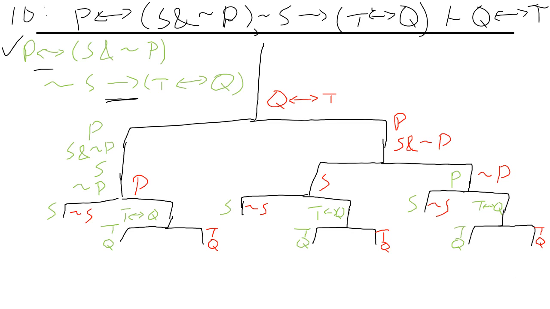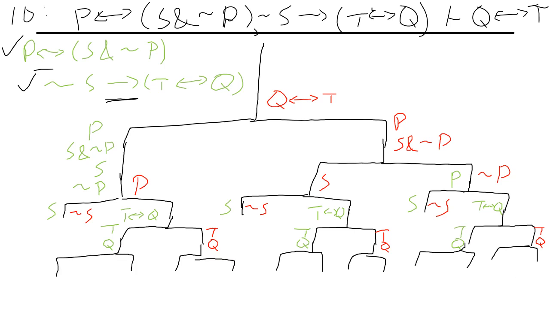Now, to do this last conclusion, it's going to be a little difficult to do because I'm running on route. Should be able to make it work. So, what makes a double arrow false now that's on the right hand side is if they don't match. So Q on one side, T on the other, Q on one side, T on the other. Same thing, same thing.